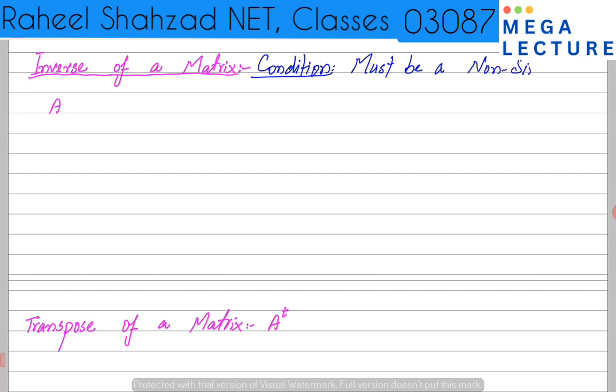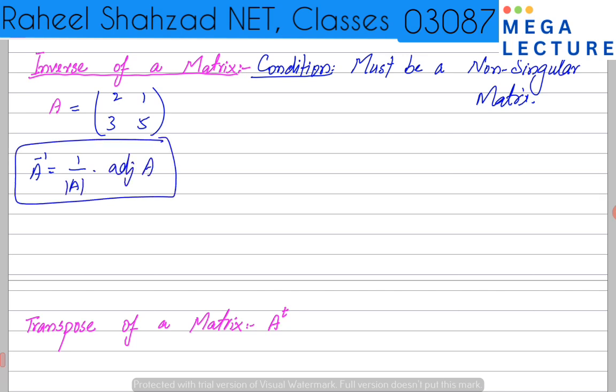So for example, if I have a matrix [2, 1; 3, 5], its inverse is always equal to 1 divided by |A| into the adjoint of A. This is the formula, you should memorize it. A inverse is always equal to 1 over |A| into the adjoint of A.